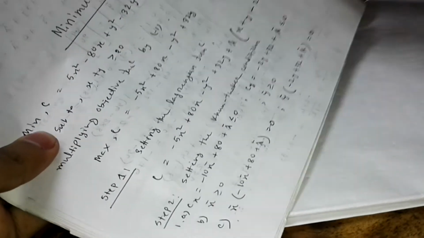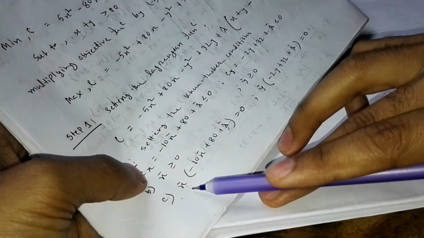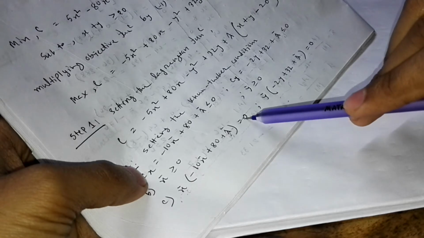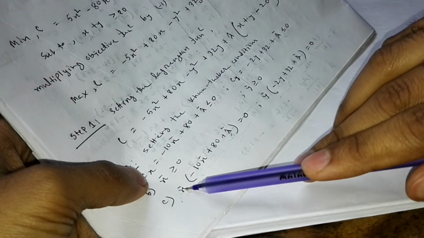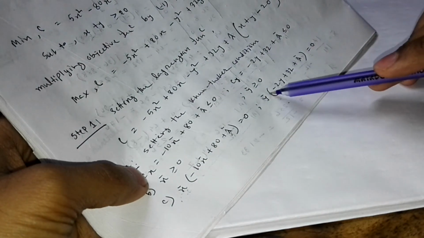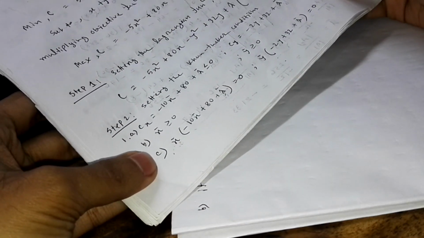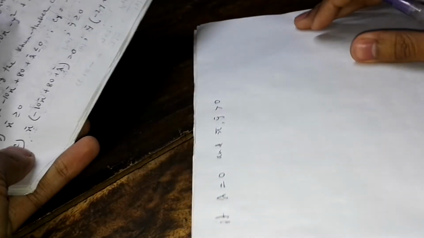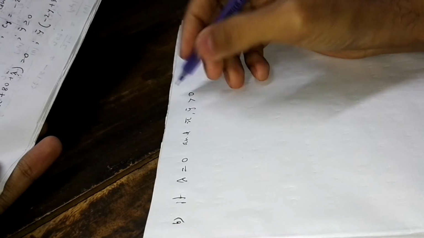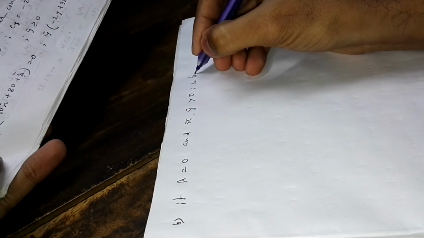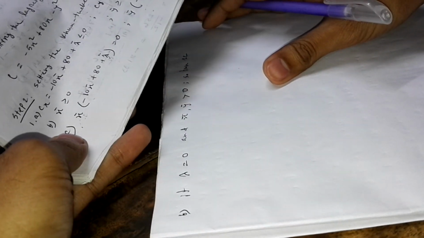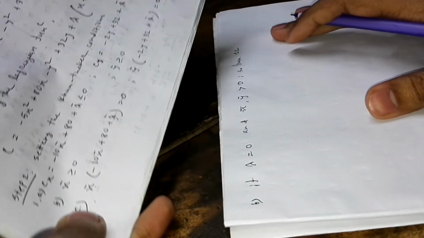As we already rejected the case that x is equal to 0, we are avoiding this portion. So this is step 2, 1a. So from 1c, let's check what I found.